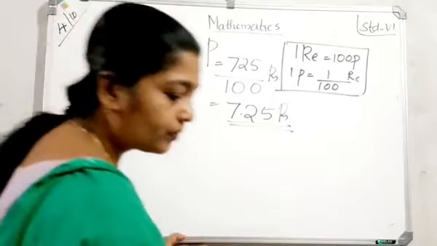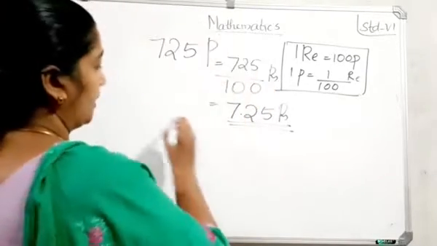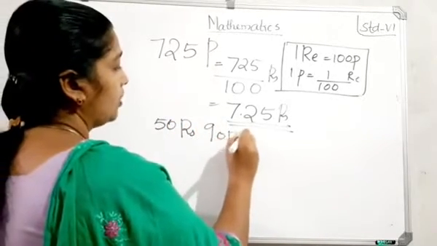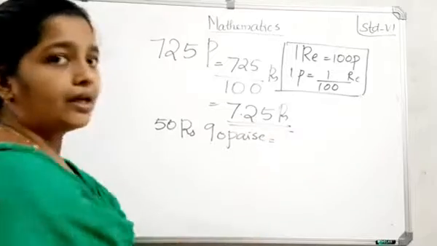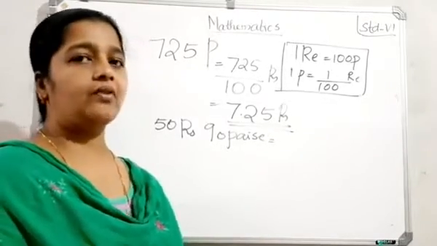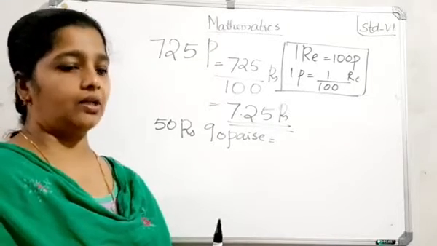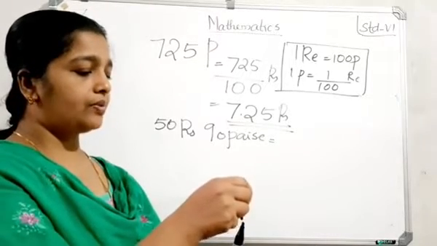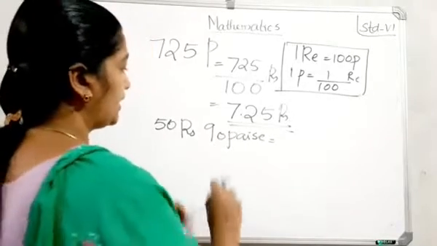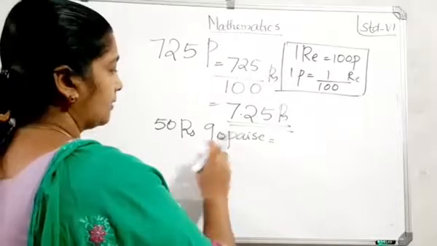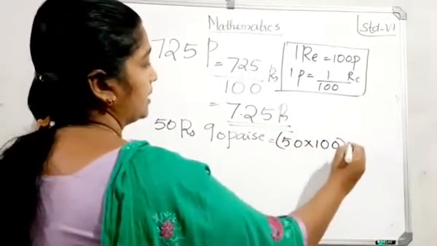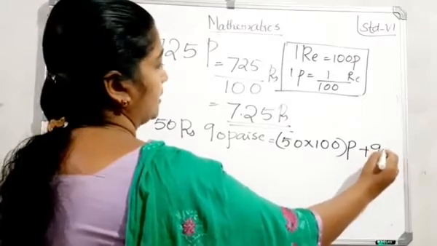50 rupees 90 paise. Here also we studied earlier that centimeter is converted to millimeter. Larger measurements are converted into smaller ones, then we convert. So first step, listen, 50 rupees is converted to paise, that is 50 into 100 paise, plus 90 paise.